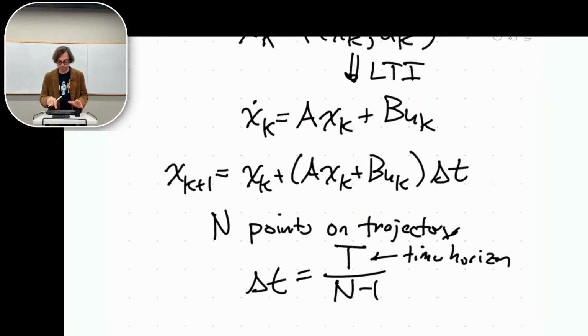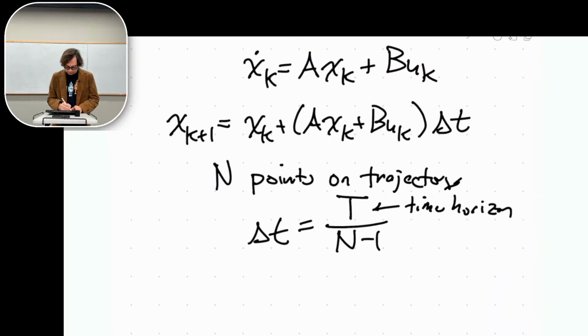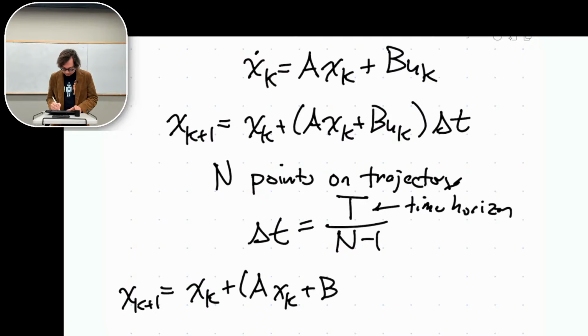Therefore, xk plus axk plus b uk times quantity T over n minus 1.